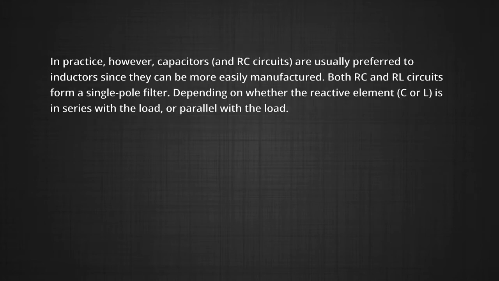In practice, however, capacitors are usually preferred to inductors since they can be more easily manufactured. Both RC and RL circuits form a single pole filter, depending on whether the reactive element, C or L, is in series with the load or parallel with the load.